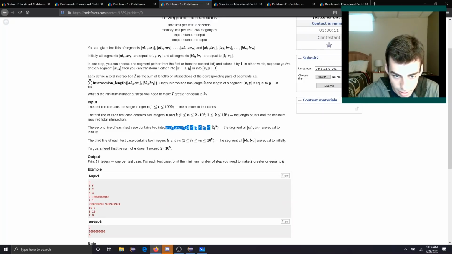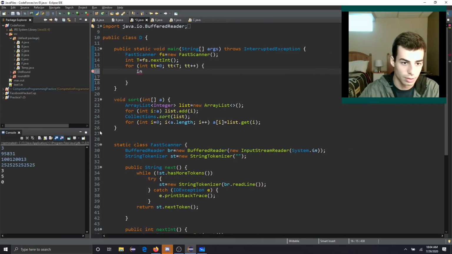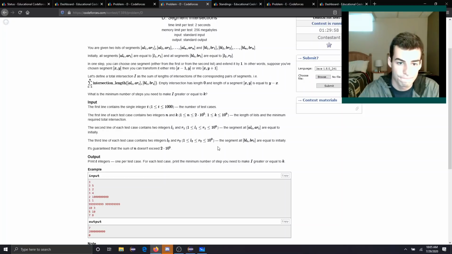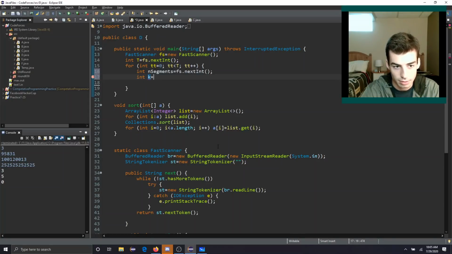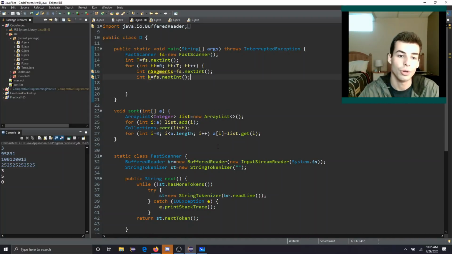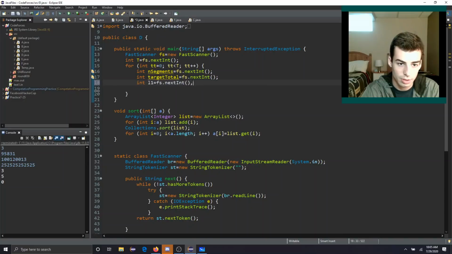So we are given L1 and R1, and then L2 and R2. Okay. Int n segments equals this. Int k equals this. K is the number of turns, right? Or k is the total. Target total equals this thing. L1 equals this, R1 equals this, L2 equals this, R2 equals this.